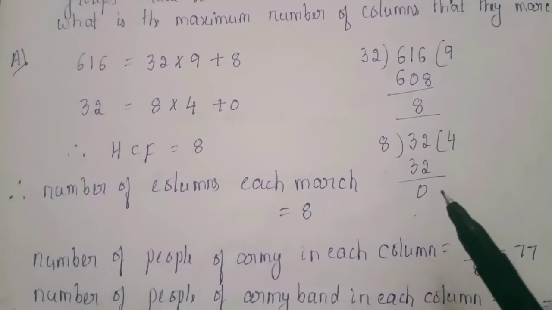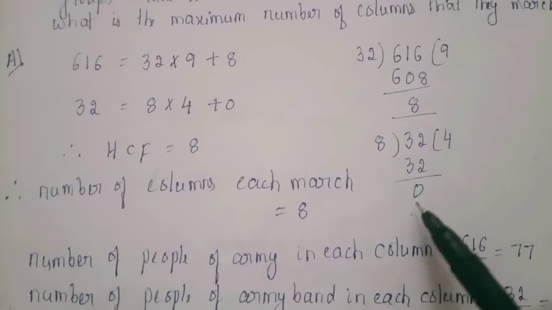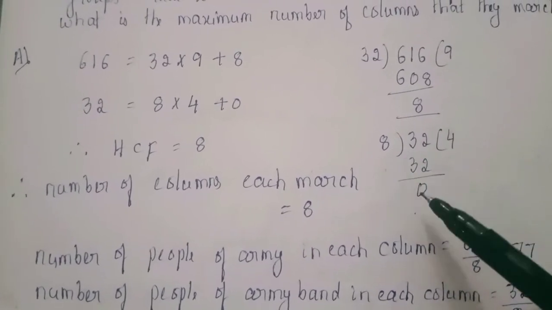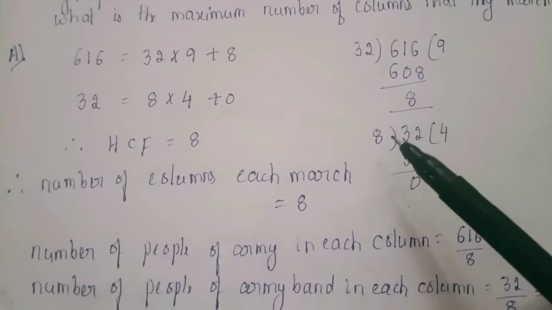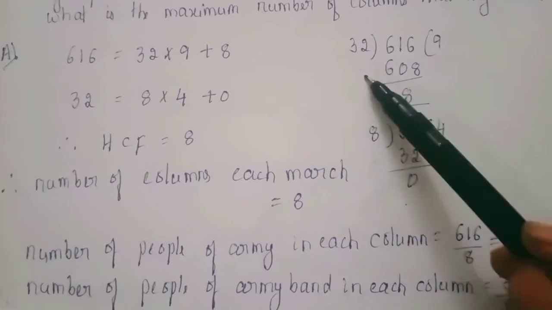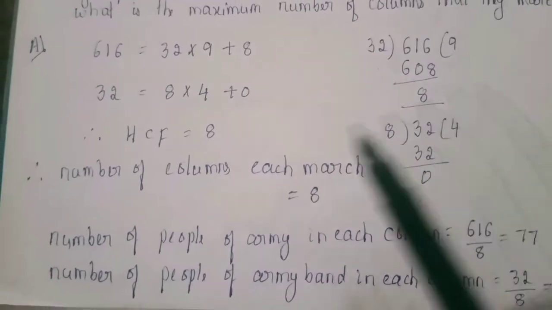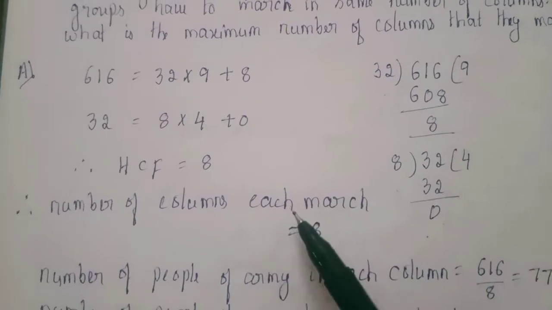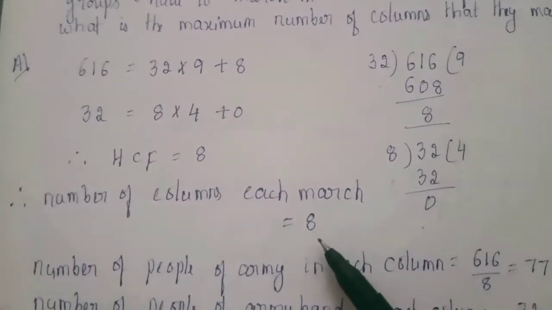I said you go on doing the division until you get the remainder 0, and the last step divisor will be the HCF. So out of these, 8 is the HCF. Therefore, you can conclude that the number of columns each group marches in is 8 columns.